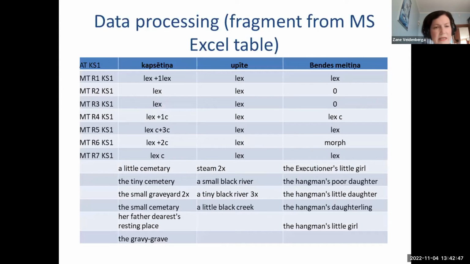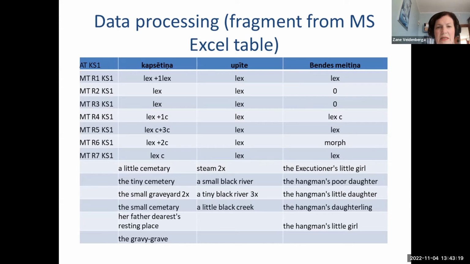This is just an insight into the Excel table where I have coded all student translated text fragments and each diminutive and what methods, what tools have been used to transfer, and I have also written all the translation solutions offered by students.